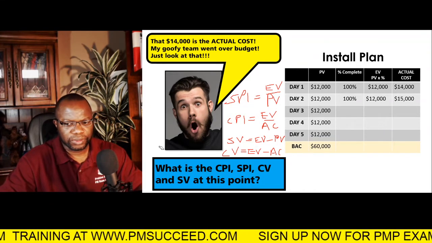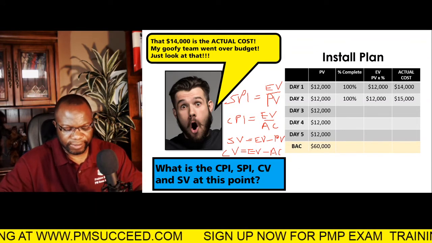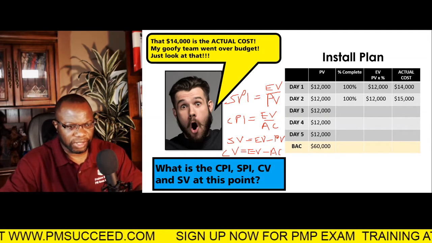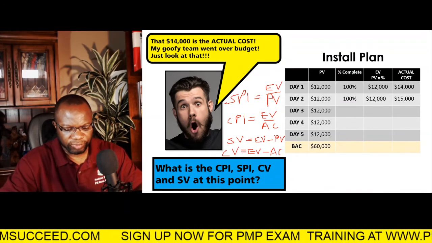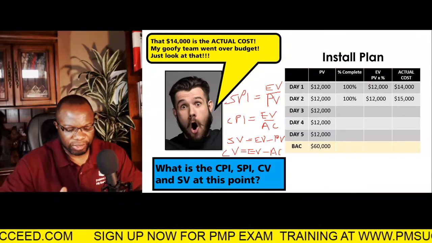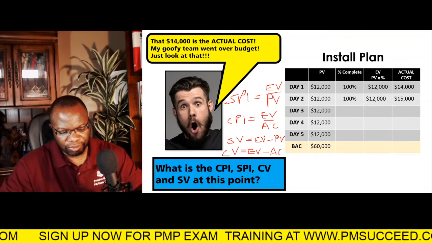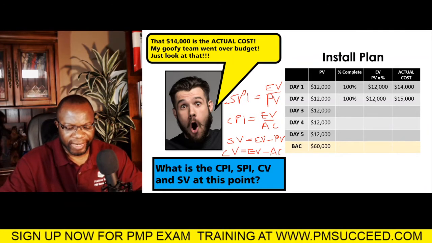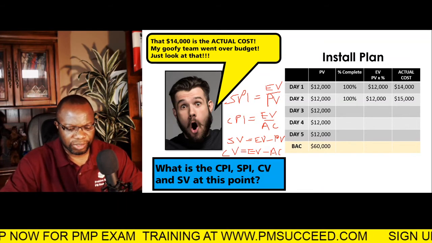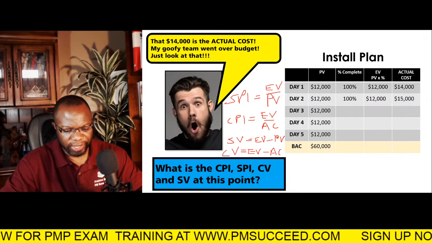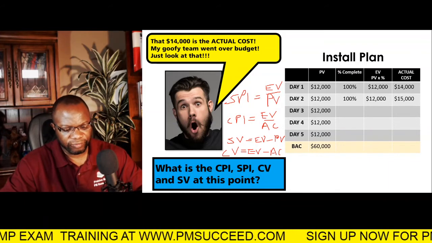All right. Day 1. So on day 1, your schedule performance index, as we have seen, is going to be 1, because it's going to be EV divided by PV, which is $12,000 divided by $12,000. Don't forget the dollar sign, although the dollar sign is going to cancel. But it's always good practice to remember your dollar sign. That's 1. Cost performance index is earned value divided by actual cost, which is your 12,000 divided by your 14,000.